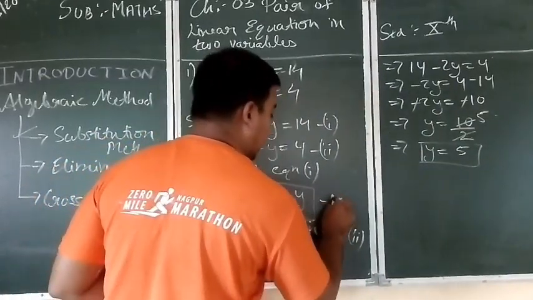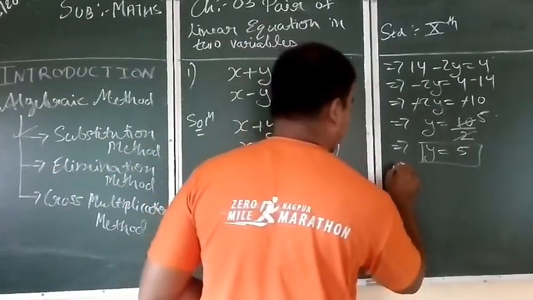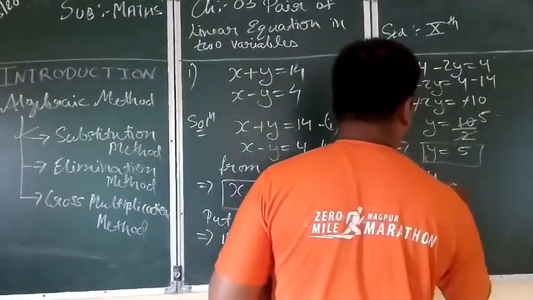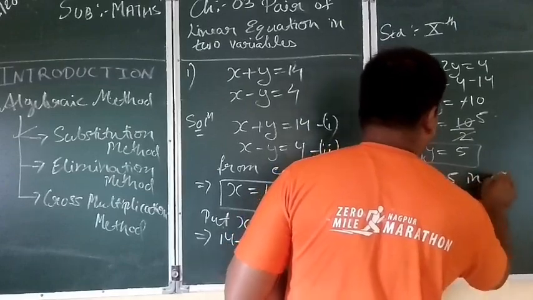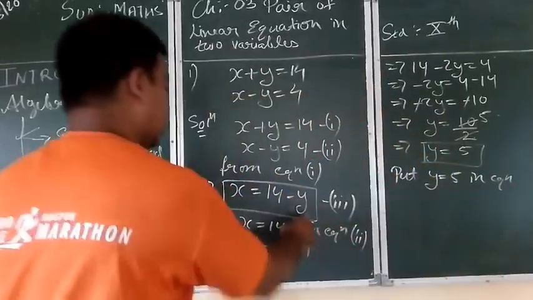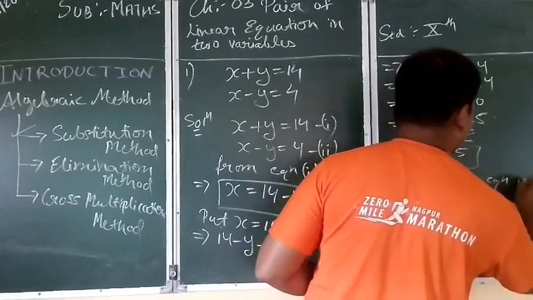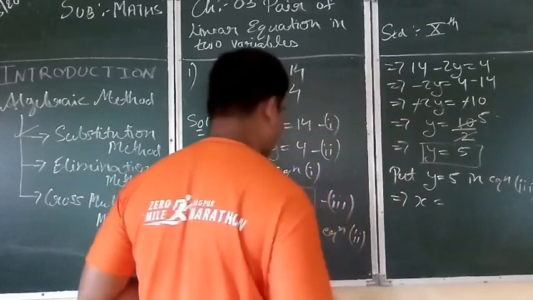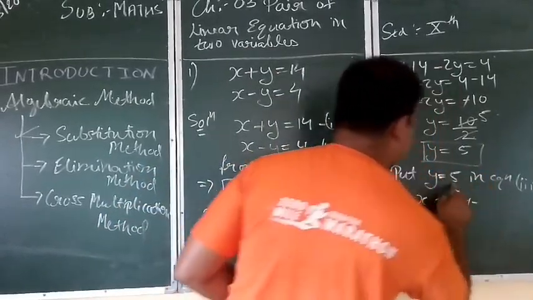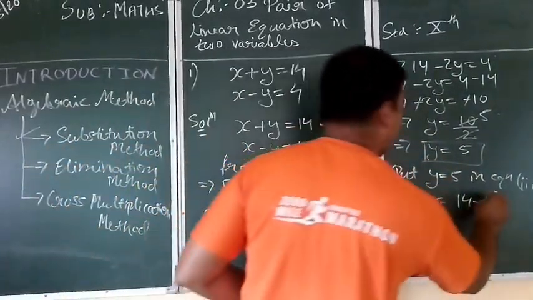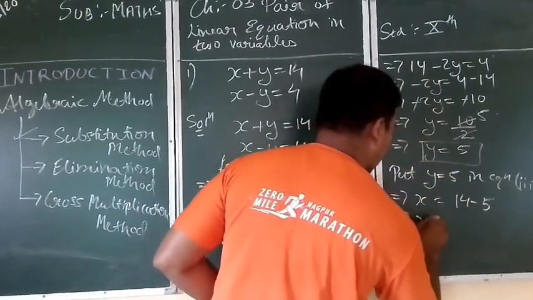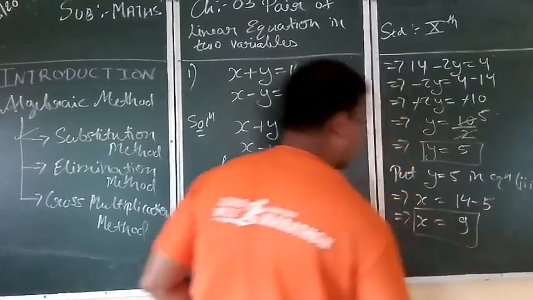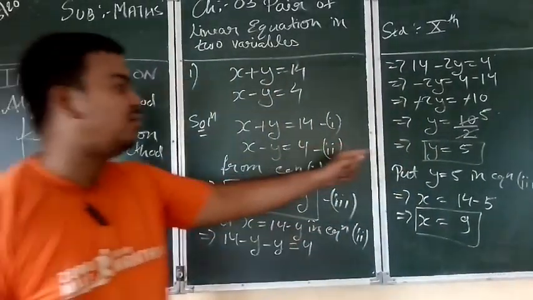This is the third equation, x equal to 14 minus y. So substitute y equal to 5 in the third equation. So x equal to 14 minus, in the place of y we write 5. So x equal to 14 minus 5 is 9. So x equal to 9 and y equal to 5.